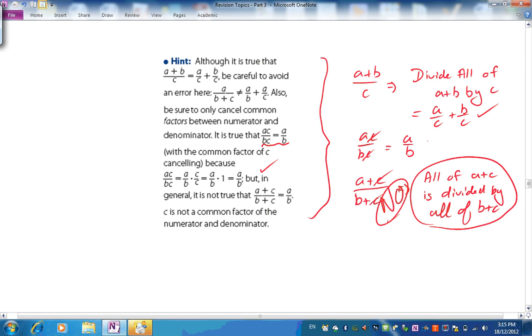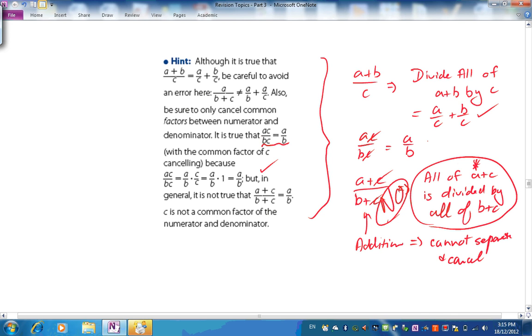And that is the whole top line, A plus B, must be divided by the whole of the bottom line, not just the C part. So when they are added, where you have addition of terms, addition implies you cannot separate and cancel. Cannot separate and cancel.